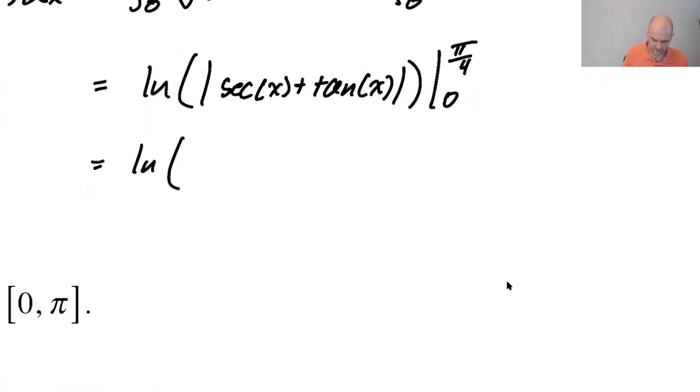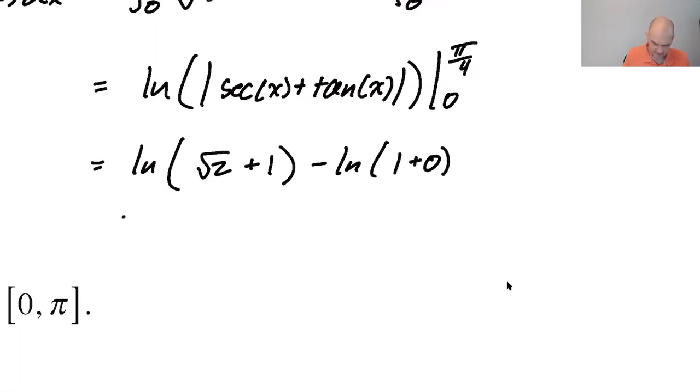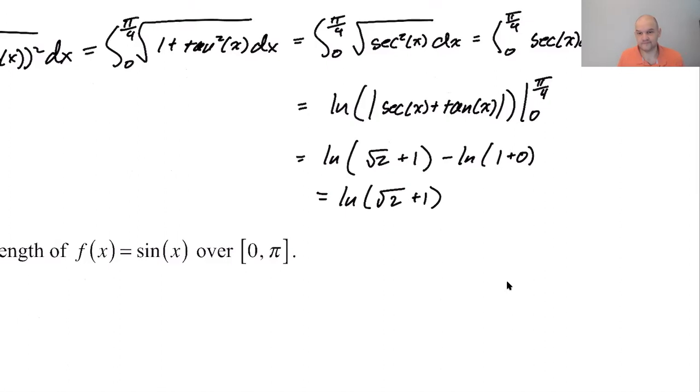The secant of pi over 4 is radical 2. The tangent is 1. The secant of 0 is 1, and the tangent is 0. So we just get natural log of square root of 2 plus 1. That seems okay to me.